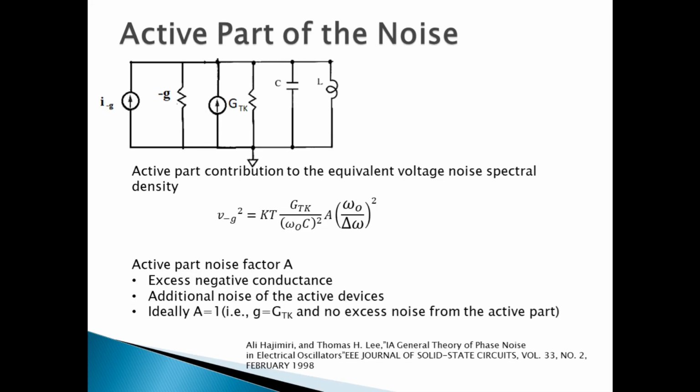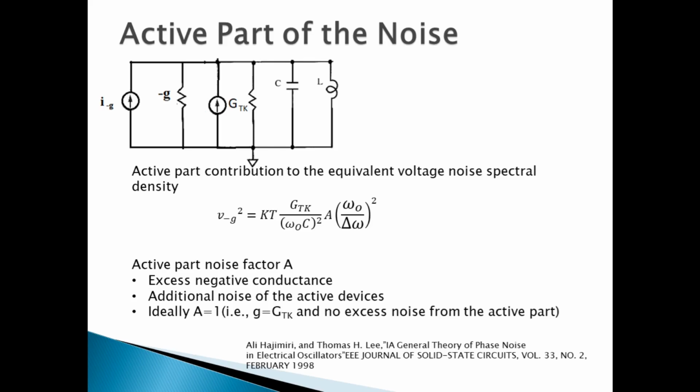In case of the active part, the minus G part will be added in parallel to the noise of the tank conductance and thus be filtered in exactly the same manner.